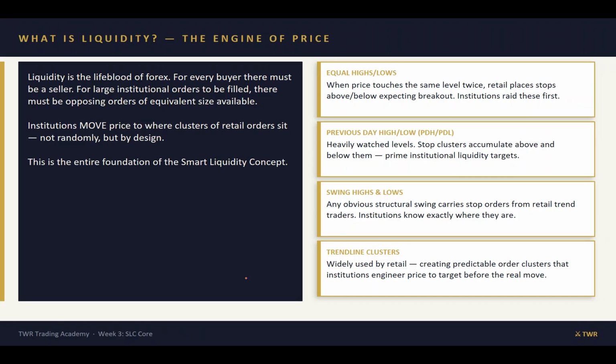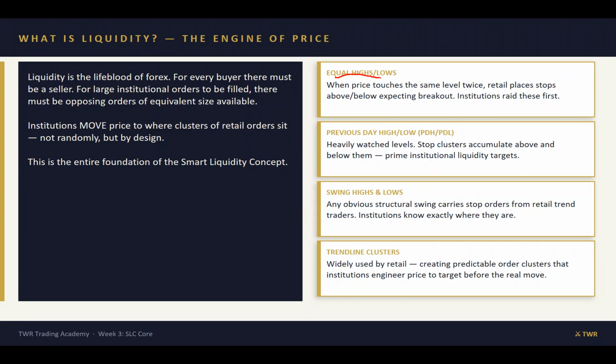Number one, what you have to understand is that retail traders behaving predictably creates liquidity pools. Liquidity pools are where most retail stop losses are resting. Let's touch on them. Number one liquidity pool is equal highs and equal lows.